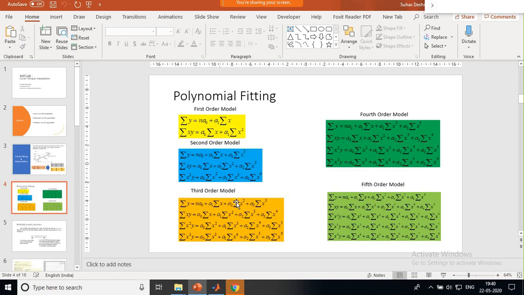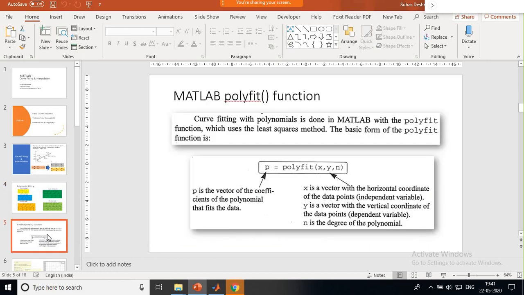In similar fashion we get the third order model: multiply by x, then multiply by x again. Likewise, I can go for any n number of orders, any n number of polynomial fittings. This technique is used in the function called polyfit.